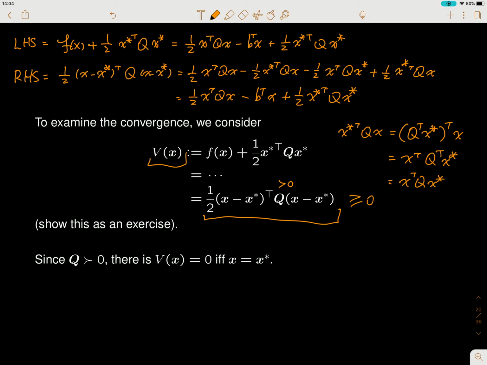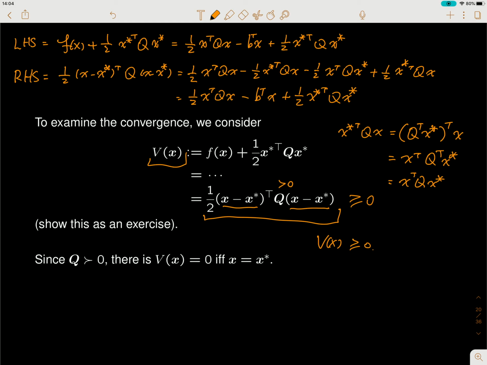It is equal to 0 if and only if, remember these two are the same, this whole quantity is equal to 0 if and only if x minus x star is 0, and that also means x is equal to x star. Okay, so it seems that this V(x) gives us a measure to evaluate how good this x is. It is always greater than or equal to 0, and it is equal to 0 if and only if x equals x star.